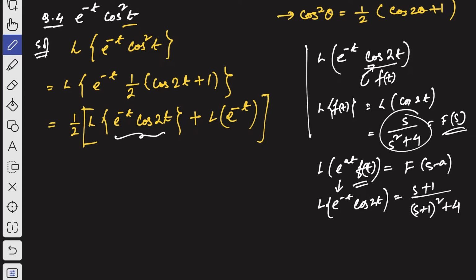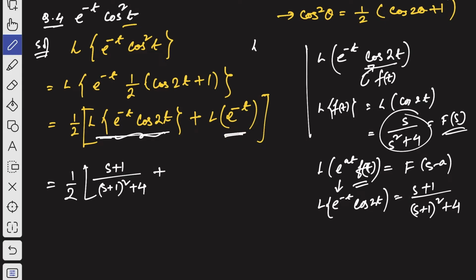So that's why we can write half of, instead of this first part, we can write (s plus 1) by (s plus 1) whole square plus 4, and plus Laplace transformation of e to the power minus t.